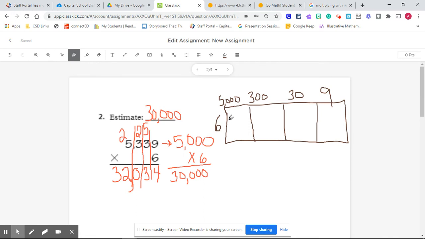So I know in this first one is going to be 30,000 because I know 5 times 6 is 30. Then my 3 zeros. 6 times 3 I know is 18, but it's in the hundreds place, so I need to add another 2 zeros. 6 times 30, I know 6 times 3 again is 18, but it's in the tens place, so I need to add a 0 behind the 18.